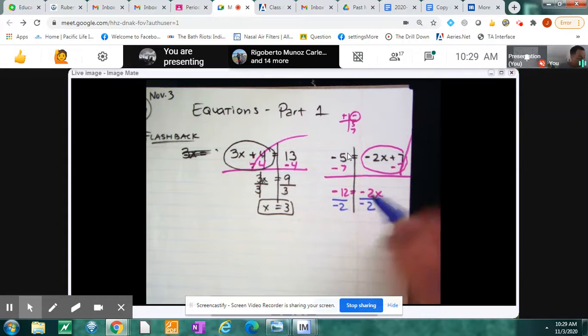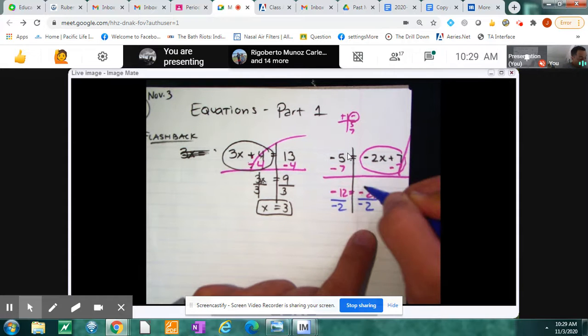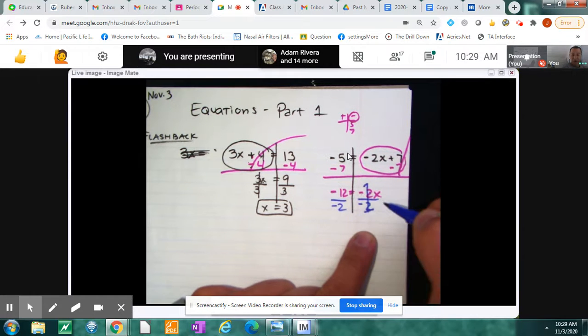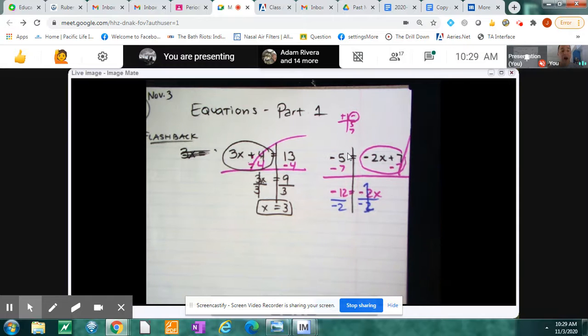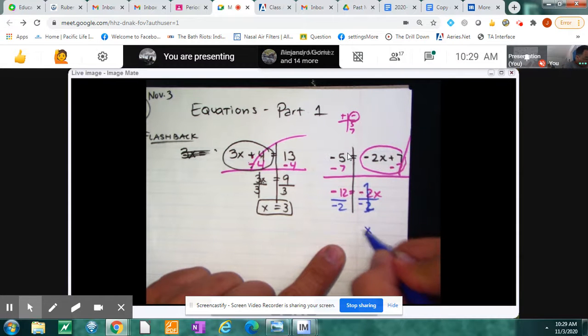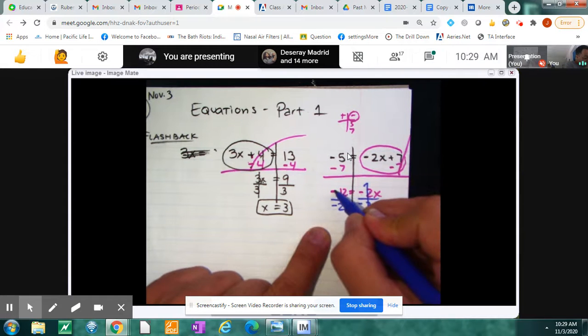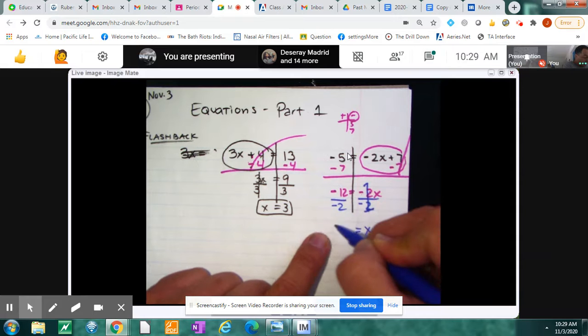Okay? Because negative 2 divided by negative 2 is 1. If I put a positive, then that's negative x, and you don't want that. You want a 1. So x equals, and then again, negative divided by a negative is a positive. 12 divided by 2 is 6.